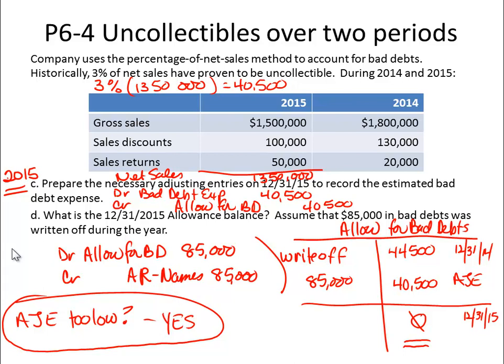This is way too low. I would say that they need to revise their 3% of net sales estimate up a bit because there's certainly no allowance or reserve or provision for bad debts for this year's sales. So, yeah, they need to rethink that.